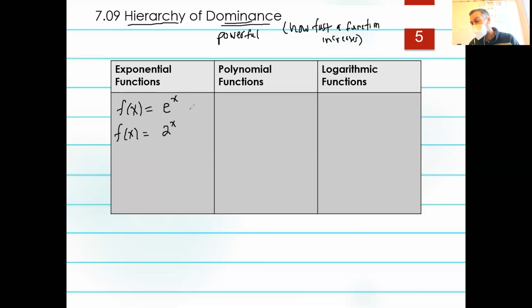Now, obviously, we can add some things on to the back end of that, like +1 or +2, some different transformations, but they're still exponential functions. Polynomial functions, on the other hand, look slightly different in how they're built. So something like 4x squared, or maybe a little bit simpler, x to the third power.